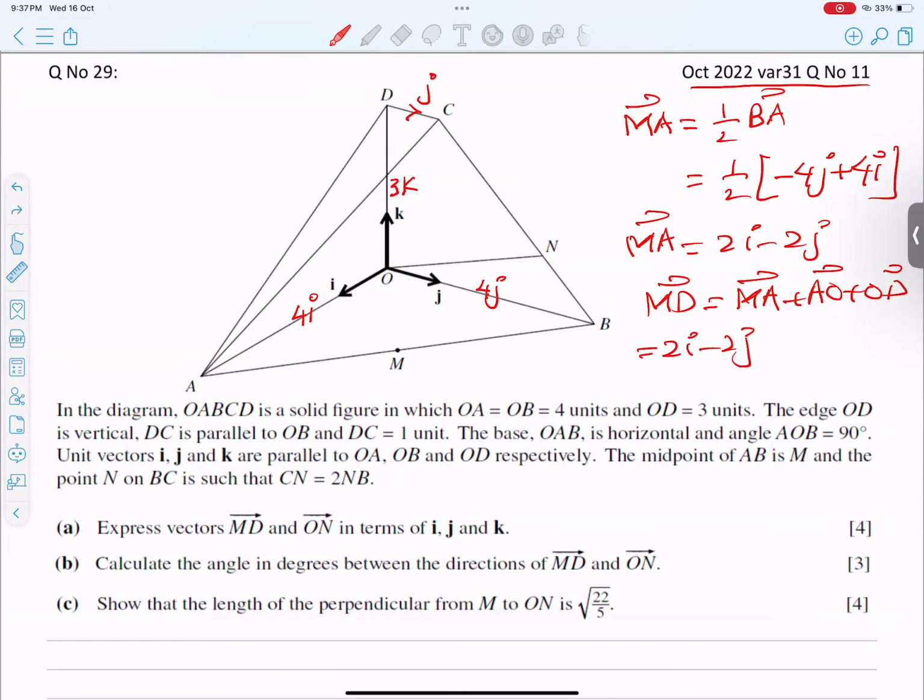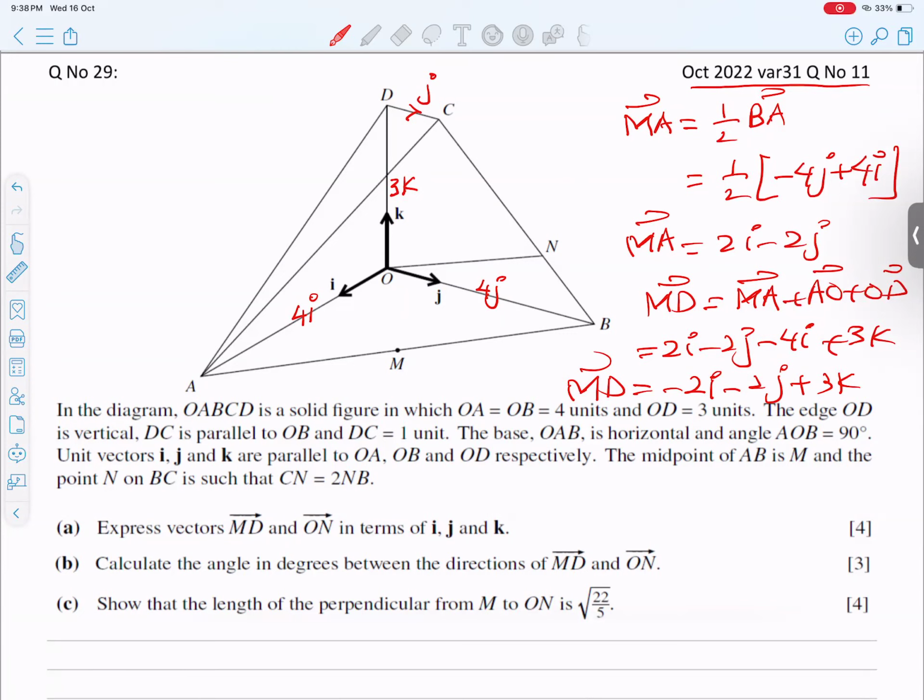Going backwards, so this is negative 4i. And OD is 3k. Writing in order, negative 2i, negative 2j, plus 3k is the MD vector. I believe this is clear, and I got this MD vector. So let's proceed.